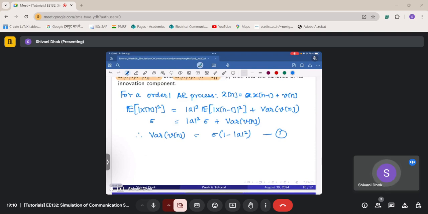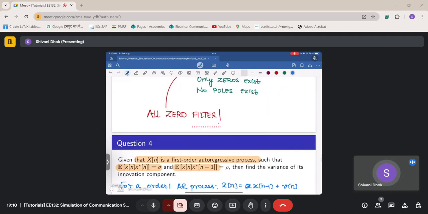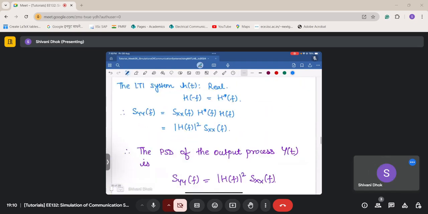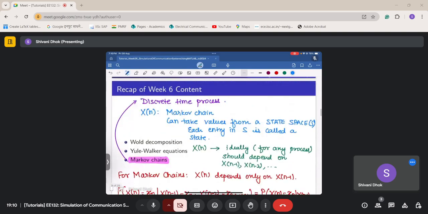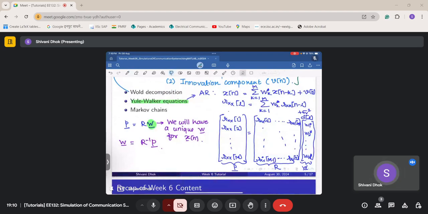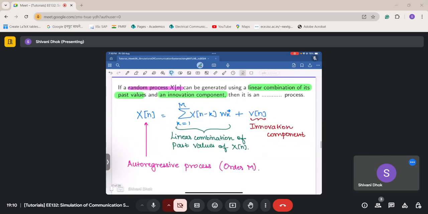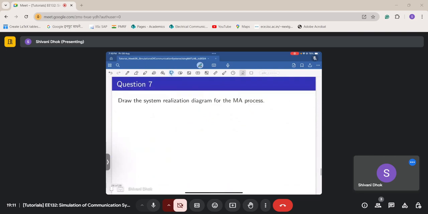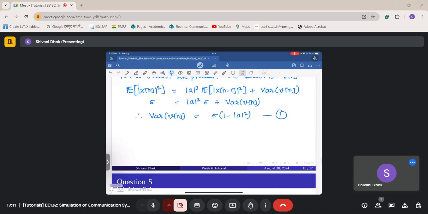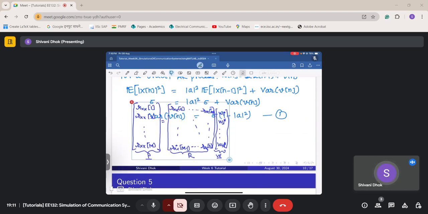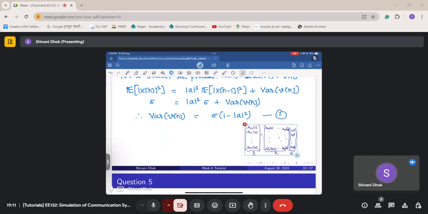Now we need to figure out what this a is. For that we'll go to the Yule-Walker equations. This is the Yule-Walker equation that we have here.